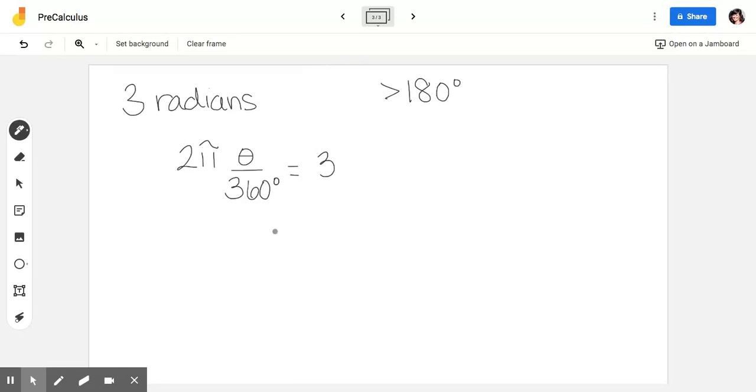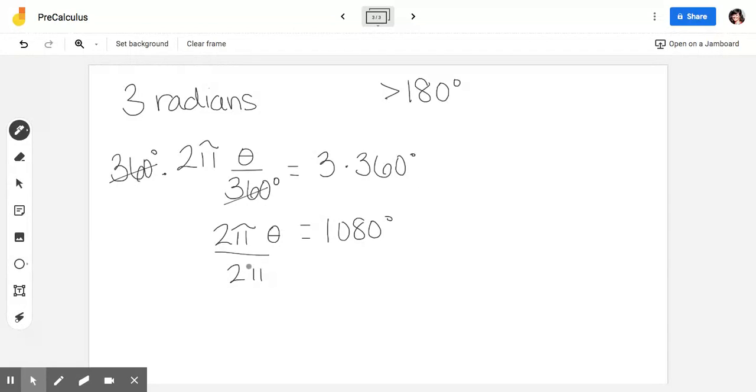So if you're solving this equation right here, you multiply both sides by 360, and I get 1080 equals 2 pi theta. And then I could divide both sides by 2 pi.